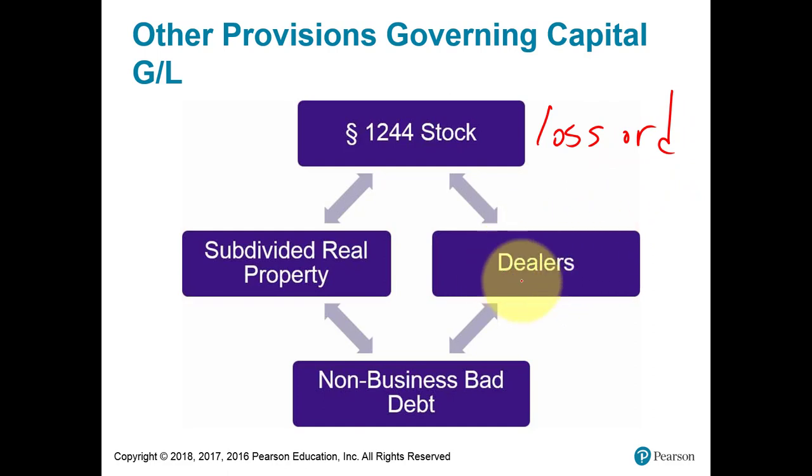This is kind of a subjective area. You have people called traders, and when they do their work, they have ordinary income. And on the other extreme, you have people called investors, and if they buy and sell stuff, typically this is a capital gain or loss. Then you have people kind of doing both here, dealers. So if they have losses, you want them to be like traders, to get ordinary losses.